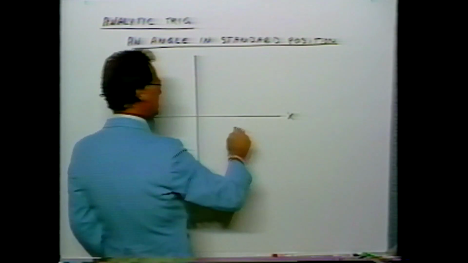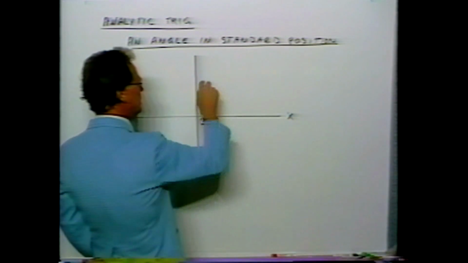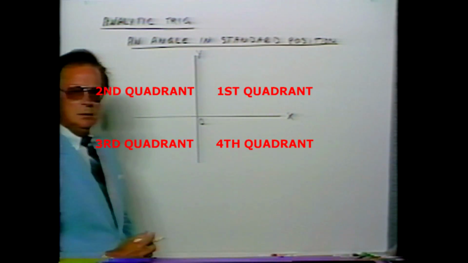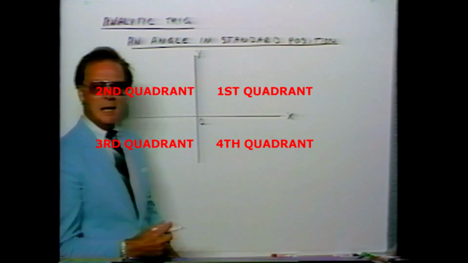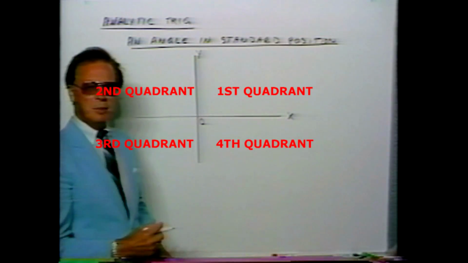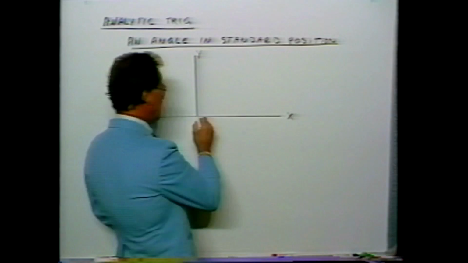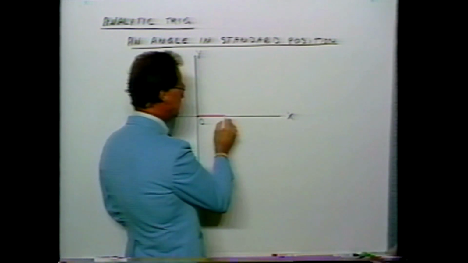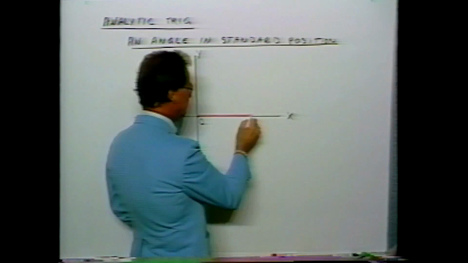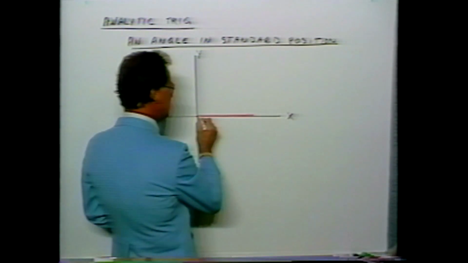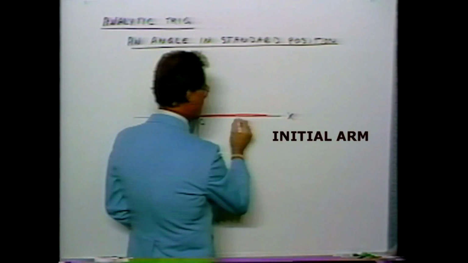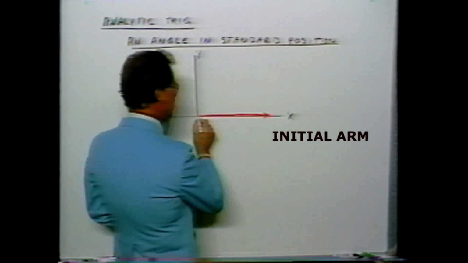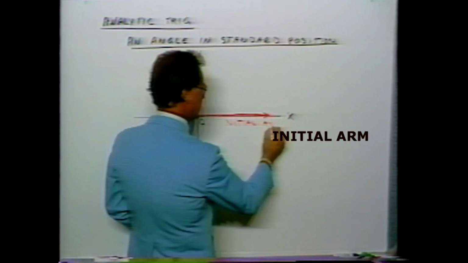This is the x-axis, this is the origin, and this is the y-axis. First, we must draw one arm of the angle along the positive x-axis, emanating from the origin. This is referred to as the initial arm. I will draw an arrowhead at the end of it to indicate that this is a half ray.